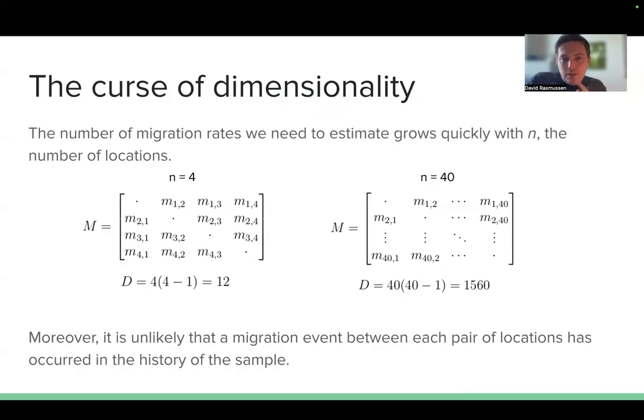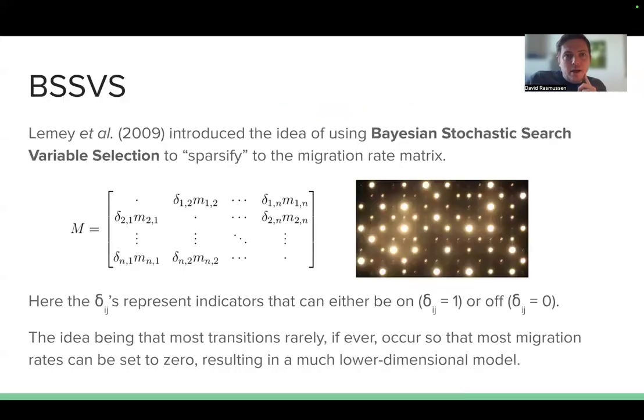parameters in phylogeography. And the clever thing that people have come up with, and we'll see this when we do our phylogeography tutorial on Wednesday, is that a favored method has become to use this idea of Bayesian stochastic search variable selection to try and identify which elements of this migration rate matrix are actually important to explain the data.